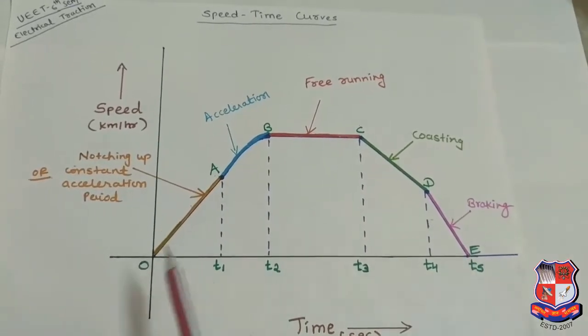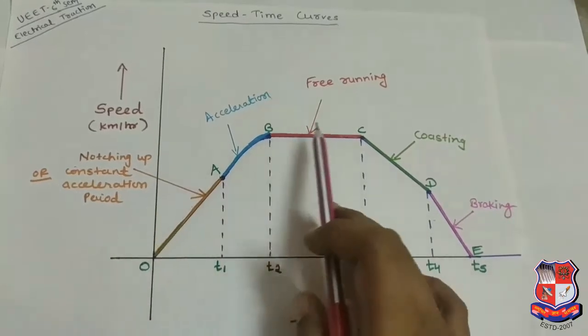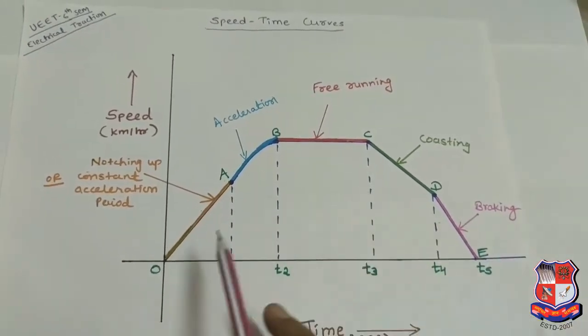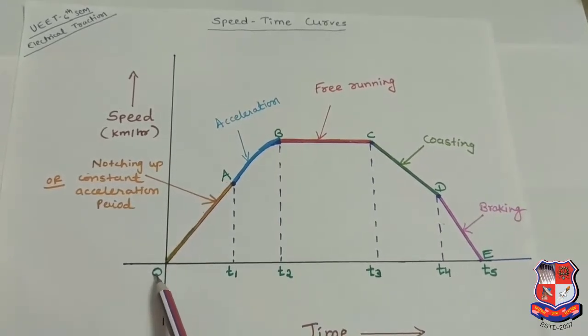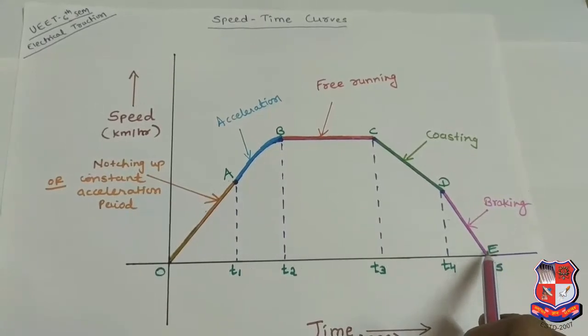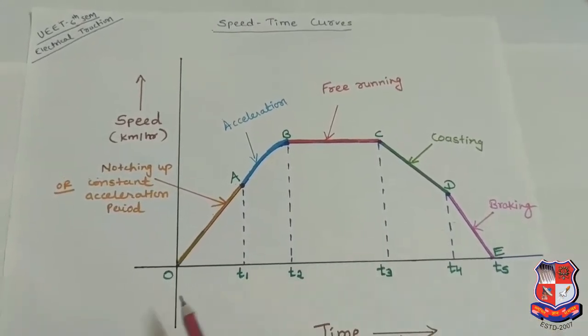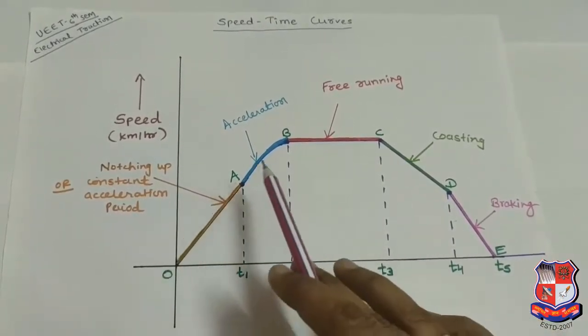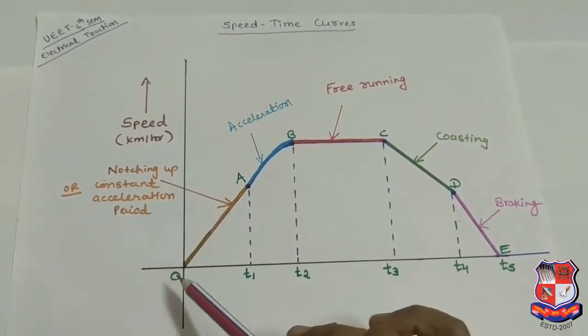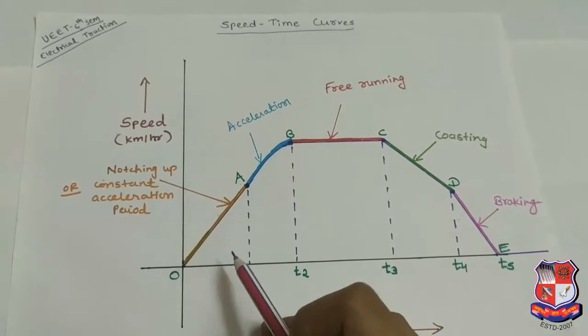Okay, suppose we consider one non-stop train from Valsad to Surat. So here O is one station, that is Valsad, and E is the other station, that is Surat. We consider one non-stop train, for example the Secunderabad Express.